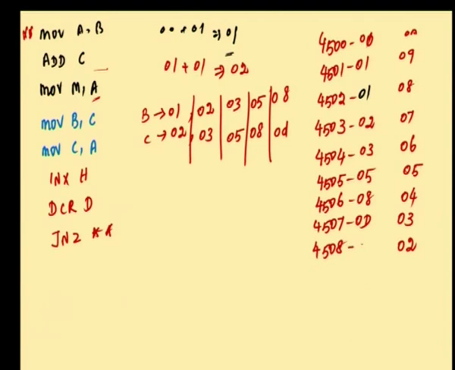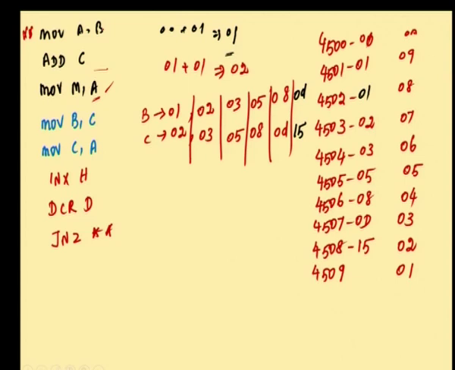So, now the 15 is loaded in 4508. Okay. So, after that I have to move 08 to the B register, and the result 15 to the C register. Now, increase the location to 4509, right, then decrease the counter, which is 01. It has not reached 0.